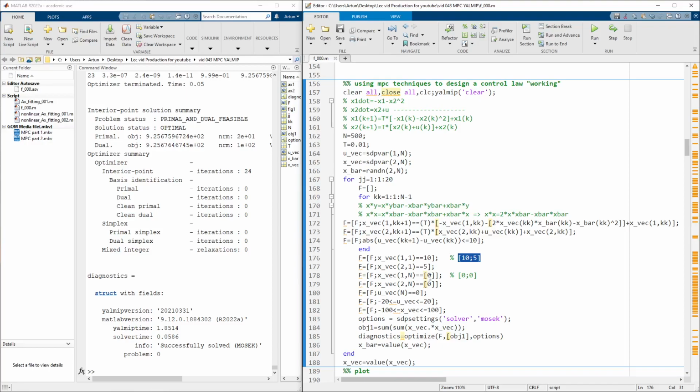And we are imposing constraints, since this is a regulation problem, because we want our states to converge to 0. And for the final input signal, we are just imposing the constraint u of N equals 0.